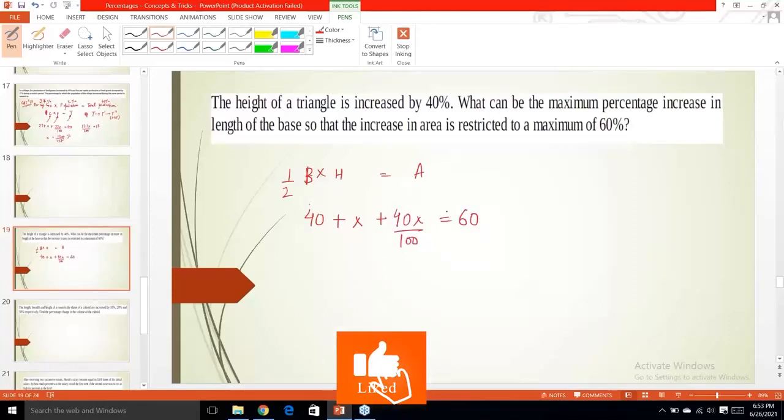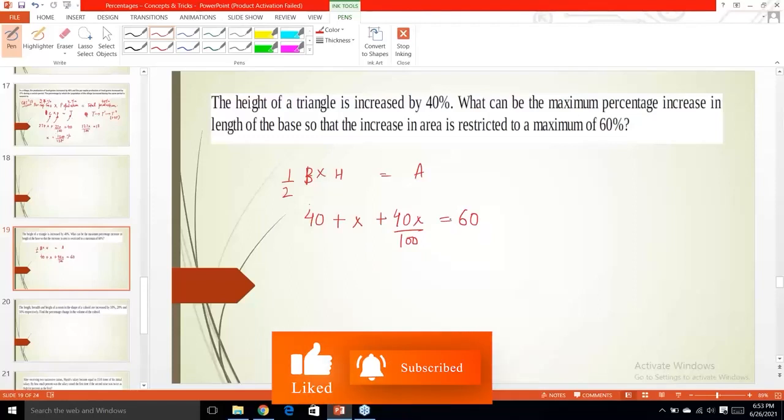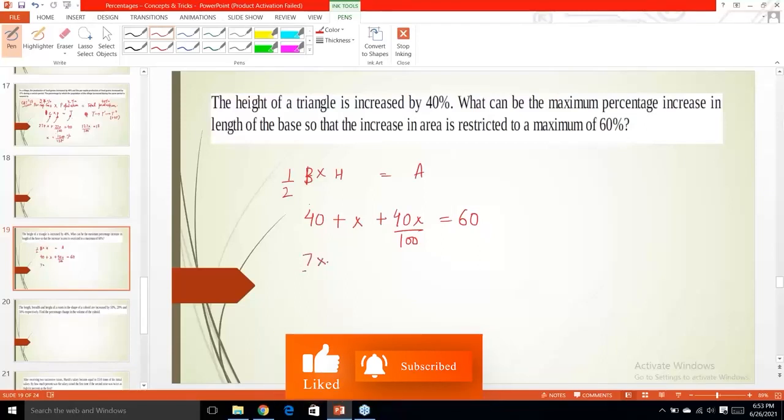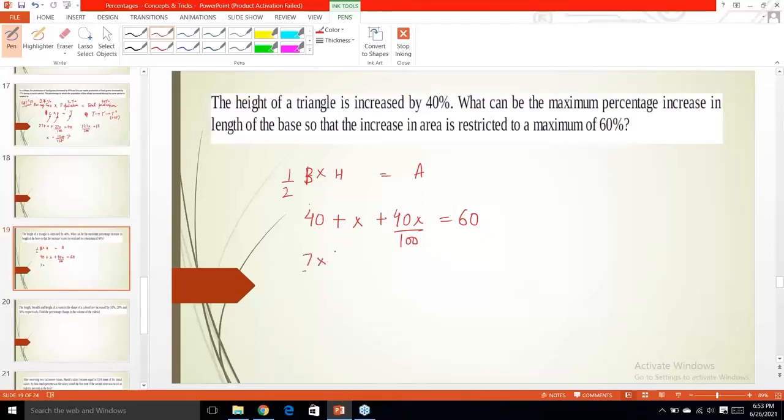If you like, you can just say less than or equal to 60, right? That will give you x less than or equal to something. So this becomes 7x by 5 is 20, right? So x comes out to be 100 by 7, right? Which is 14.28%.